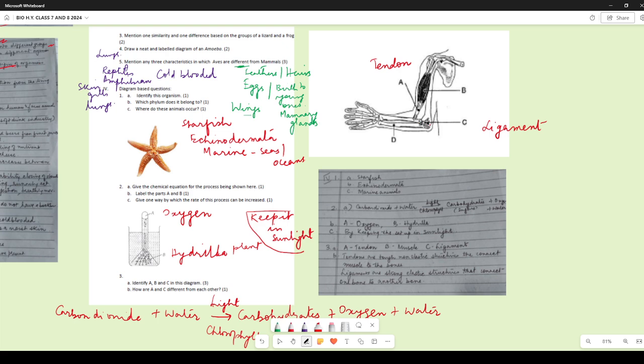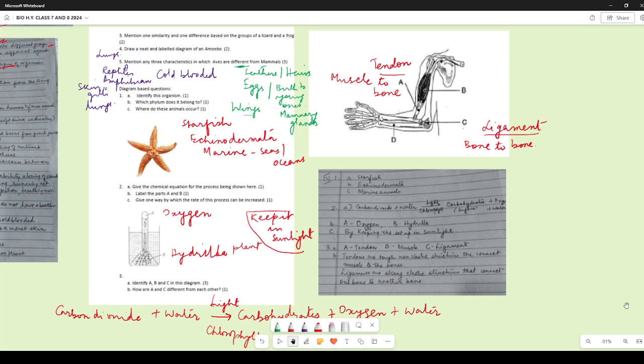A ligament attaches a bone to a bone. How are A and C different from each other? I just told you. So tendon, it attaches muscle to the bone. If we are talking about a tendon, it attaches muscle to bone, whereas a ligament attaches bone to bone, right?